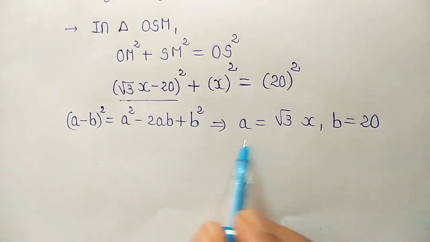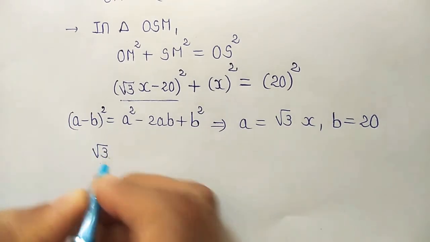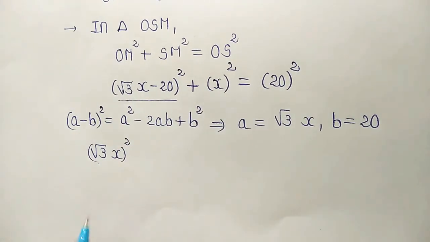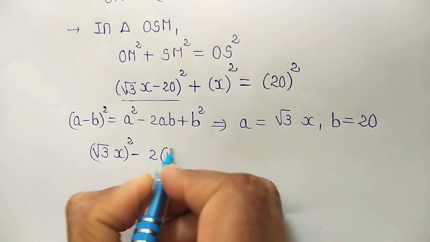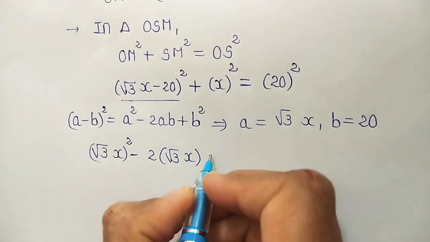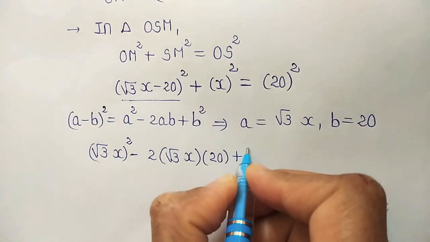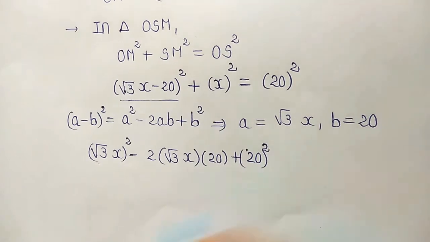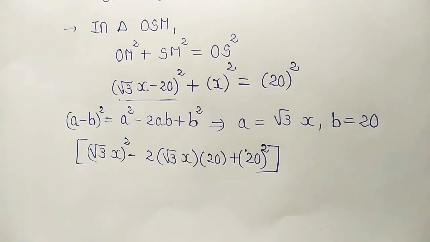Let's write a square, root 3x square, then minus 2ab, 2 into a is root 3x, b is 20, and plus b square. B square is 20 square. So this is the simplification of this term.